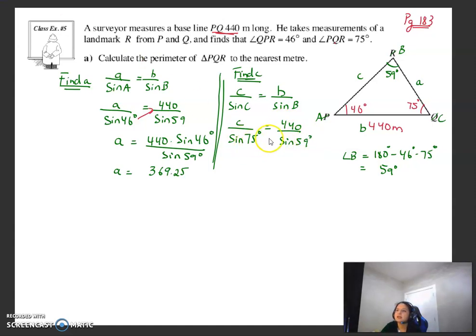And once again, take this to the other side to isolate my C here. So C is 440 times sine of 75 over sine of 59. And this gives me the measurement of C to be 495.83.